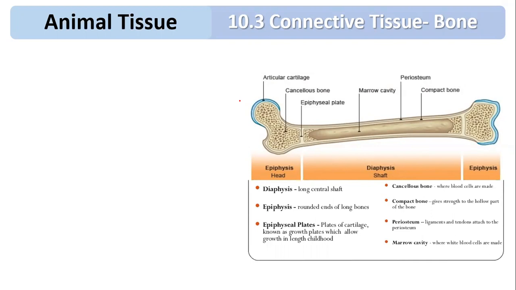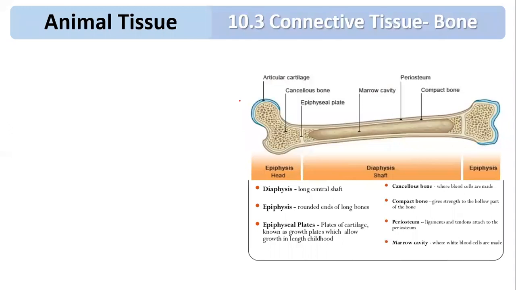One more point you can make out in the diagram: between the epiphysis and diaphysis, there is the epiphyseal plate. That epiphyseal plate is seen in growing children, and it allows the expansion of the bone. Once your growth is completed, the epiphyseal plate, which is a cartilage, is going to convert into a bony structure.